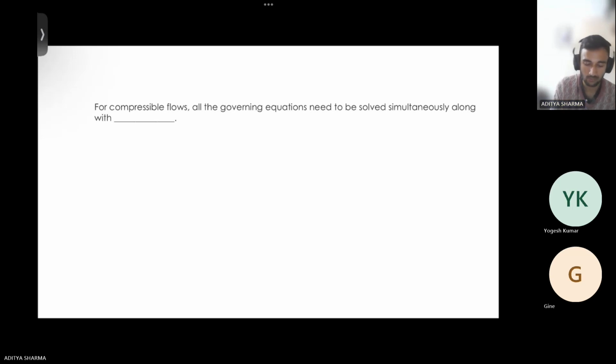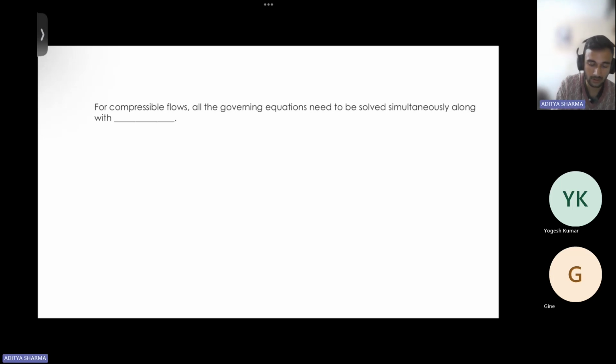All right. So this is basically related to when we are trying to solve the mathematical equations, these governing equations, and we are trying to find solutions for these equations.